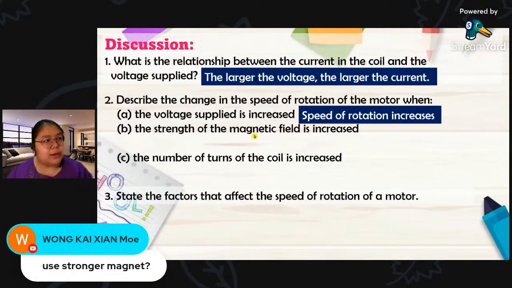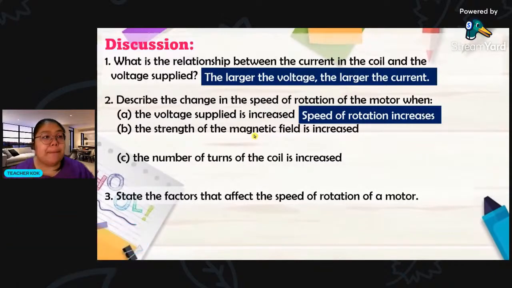Use a stronger magnet. That's one of the things that can make the magnetic field strength stronger. Correct, Kai Xian? If you say using the same magnet but you make it closer, that is also one of the things that can increase the strength of the magnetic field. So you can say using a stronger magnet.